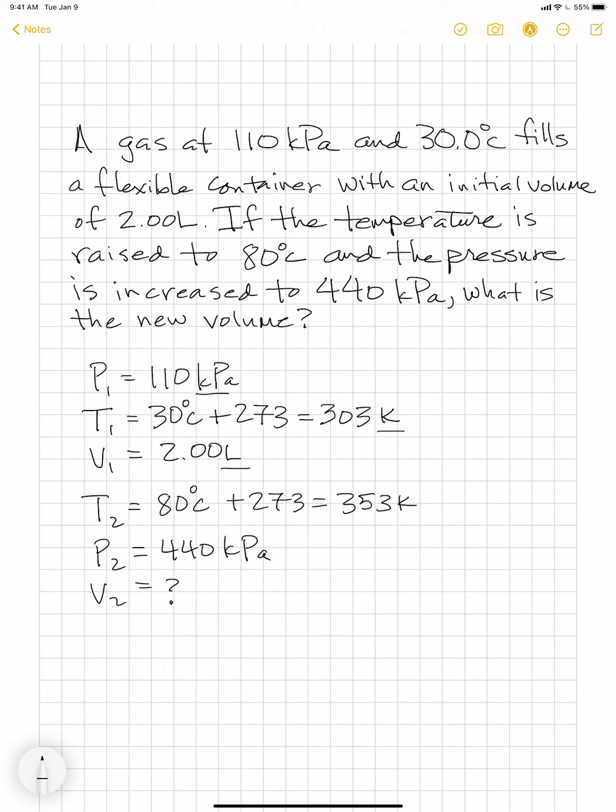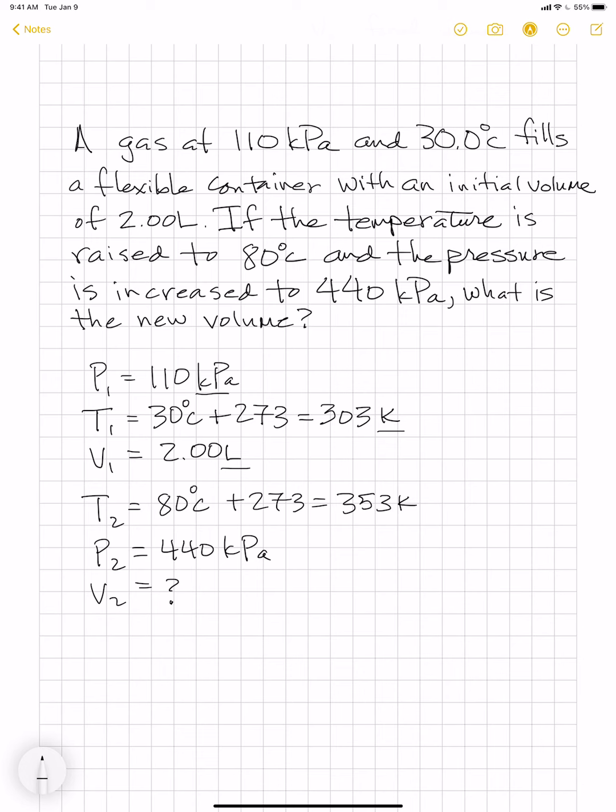All right. Well, let's look at what happened here. They took the pressure and they increased the pressure. So you know from Boyle's law that if you increase the pressure, you decrease the volume. So just that part should tell you that the volume is going to go down. But what did they do to the temperature? Well, they took the temperature and they increased the temperature. So that's temperature versus volume.